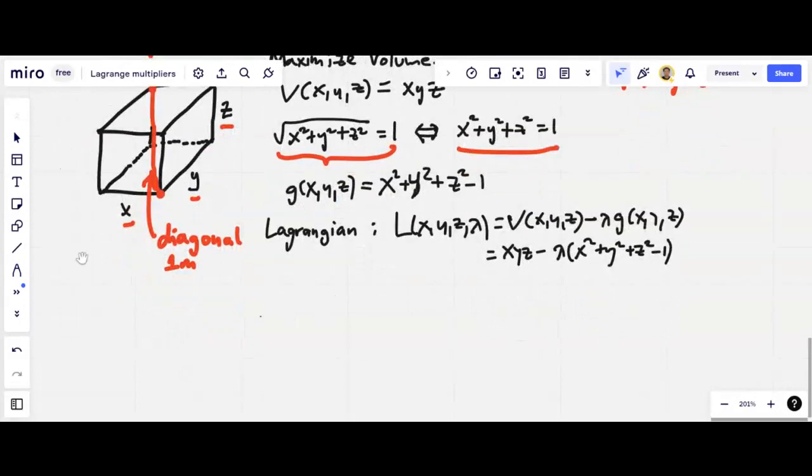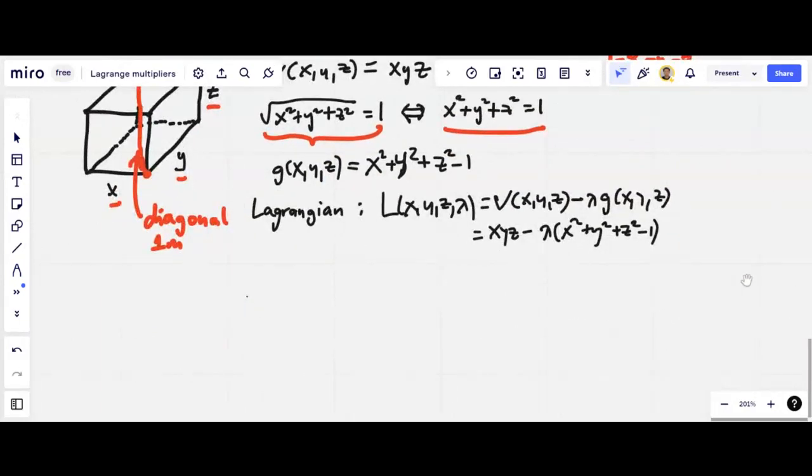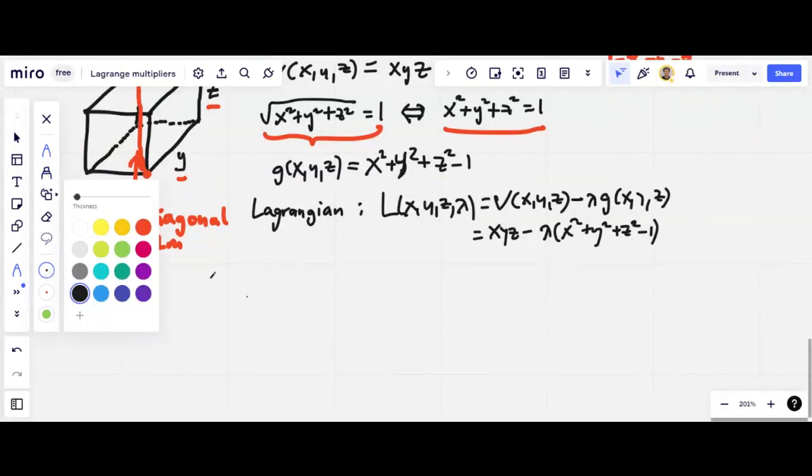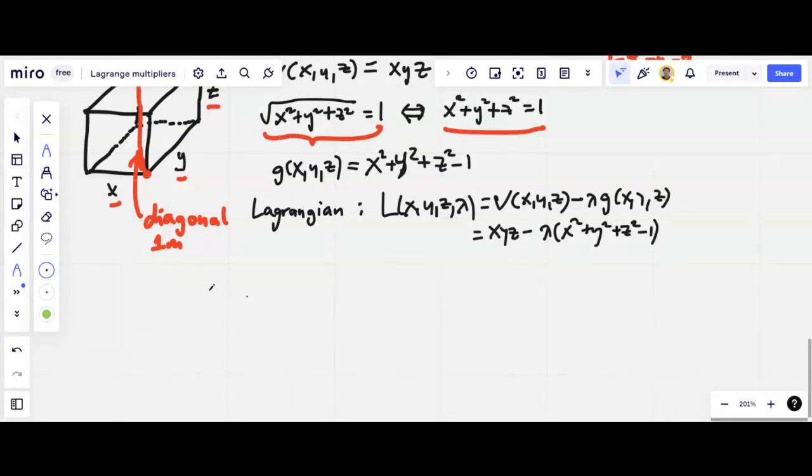So from here, we try to optimize this Lagrangian function, and we do that by determining its critical points. The critical points can be obtained by first considering the partial derivatives of capital L. So in this case, the first derivative, the one with respect to x, will give us yz minus 2 lambda x.